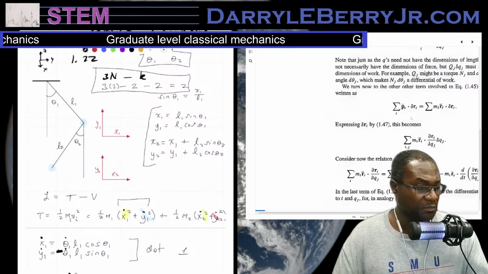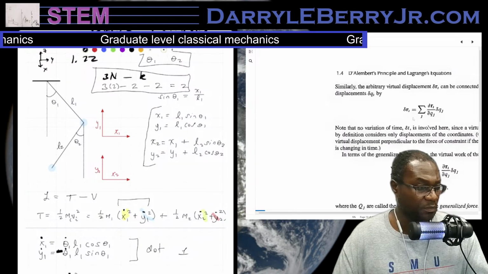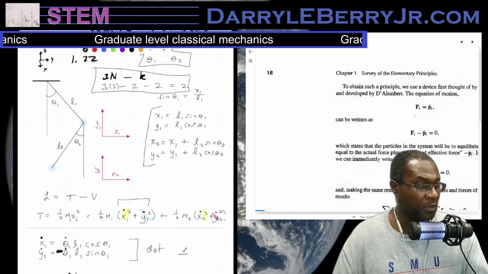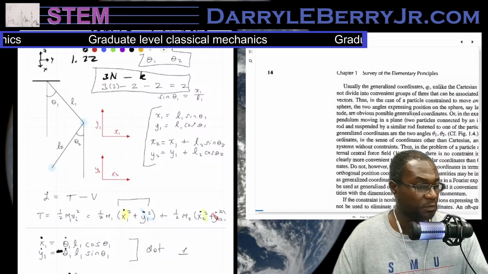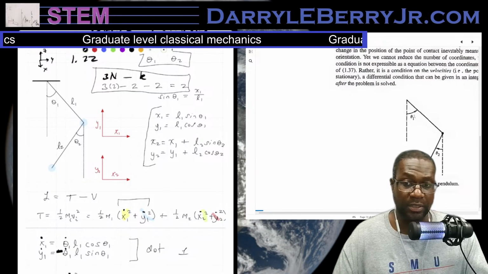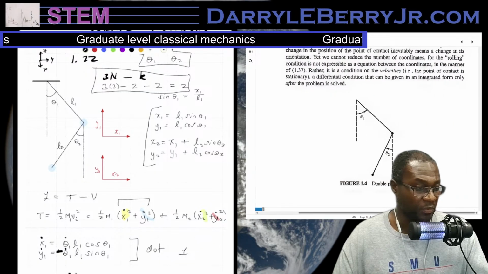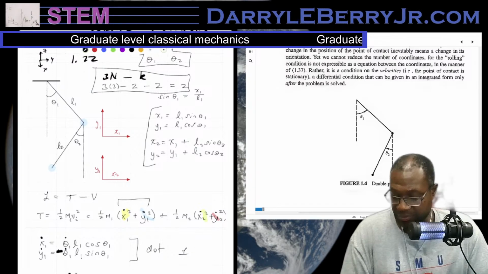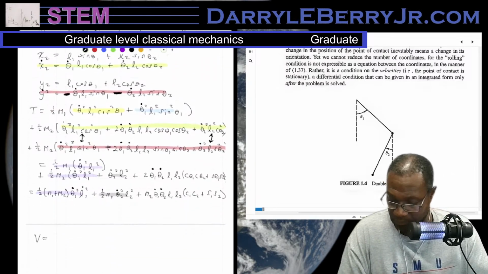I believe it was 1.4. Yeah, here it is right here. And this is the problem that we're doing, finding the equations of motion for that.